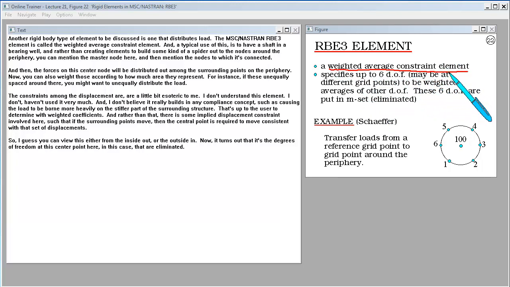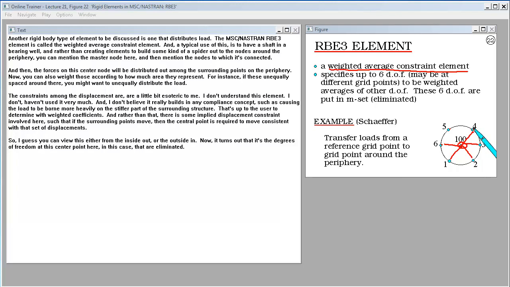And a typical use of this is to have a shaft in a bearing well, and rather than creating elements to build some kind of a spider out to the nodes around the periphery, you can mention the master node here, and then mention the nodes to which it's connected, and then the forces on this center node will be distributed out among the surrounding points on the periphery.